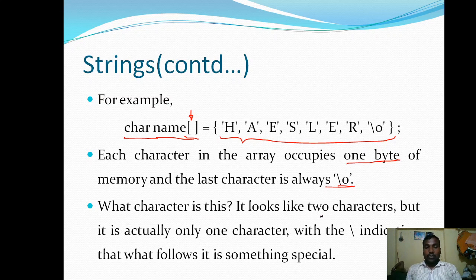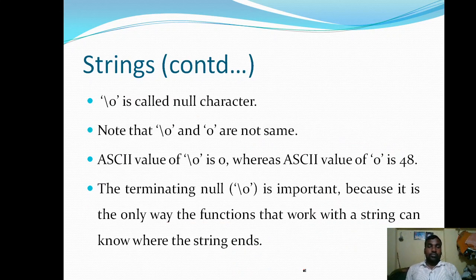It looks like two characters, one is slash and another is 0, but it is actually only one character, with the slash indicating that what follows it is something special. Now \0 is called the null character.